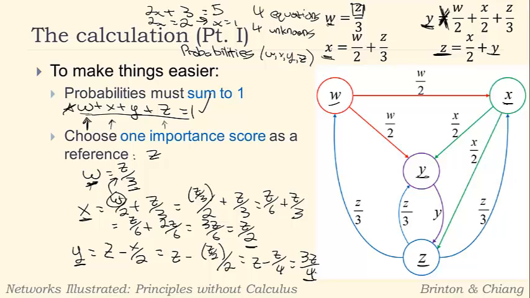So notice a few things. First of all, we chose each of these three equations up here to get w, x, and y in terms of the reference variable z. And now we have those three relationships that we need in order to plug back into this equation. Then we can solve for z using one equation and one unknown, which is the basis for everything here. Also notice that we chose the simplest equation to work with first, simply that w is equal to z over 3.